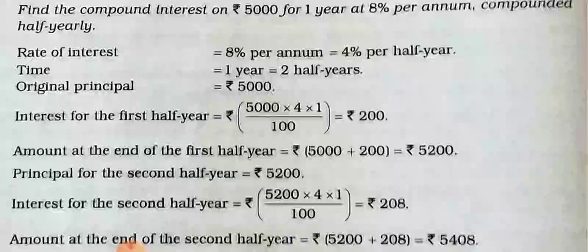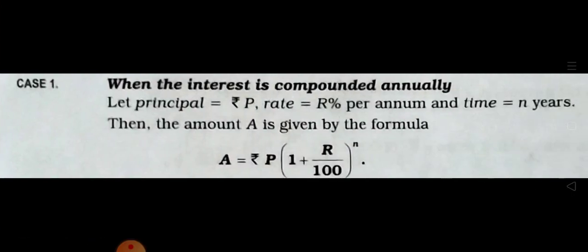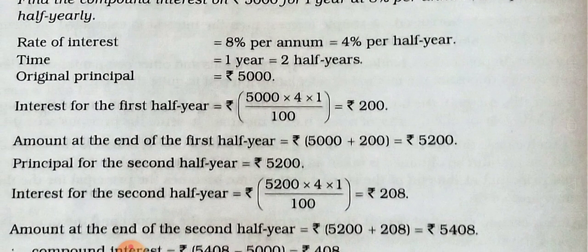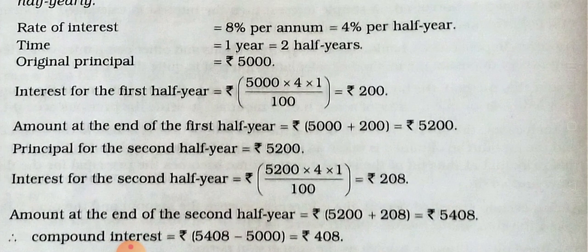So the compound interest for this 5,000 amount at 8% per annum for 1 year compounded half yearly will be the amount at the end of the second half year minus the principal. So 5,408 minus 5,000. So the final answer will be 408, and this is the way to calculate the compound interest.